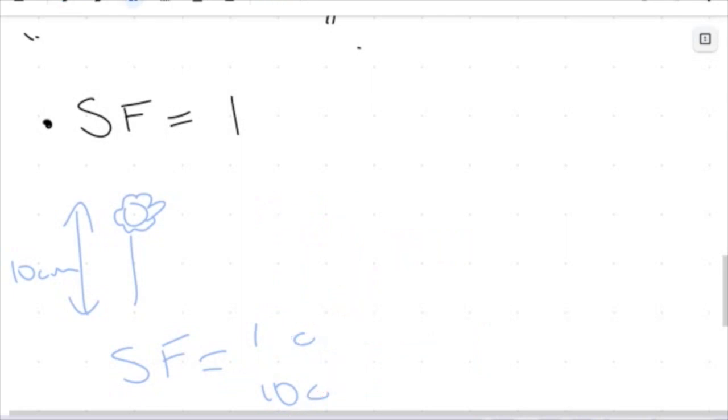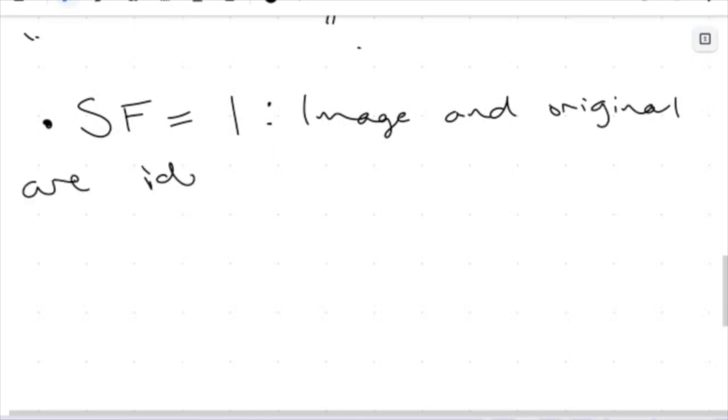So if we write that in here, for a scale factor equal to 1, the image and original are identical.